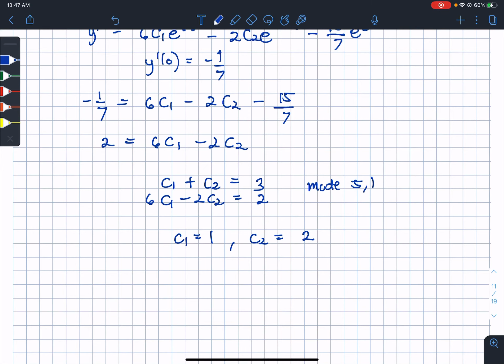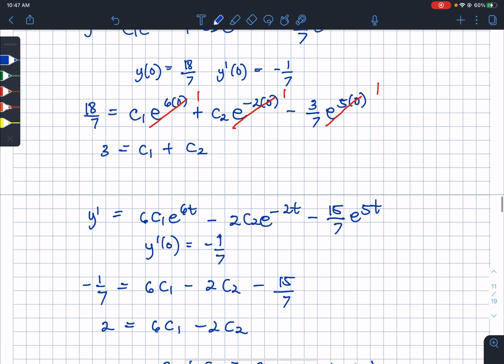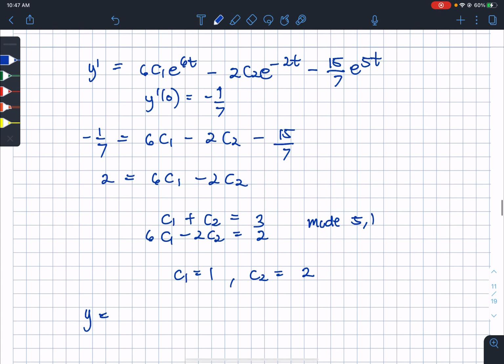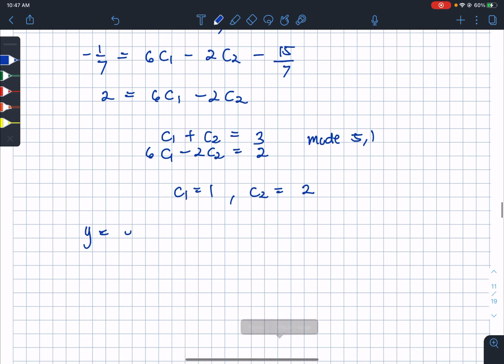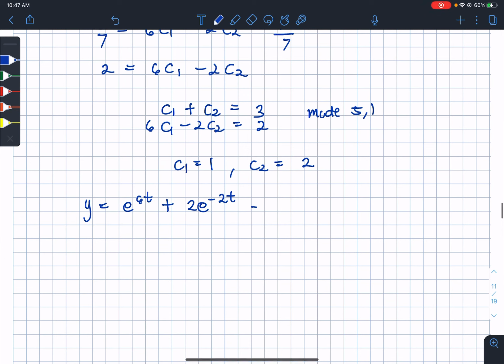Okay. So our y then, we have c1 e raised to 6t, plus 2 e raised to negative 2t, and then of course minus 3 over 7 e raised to 5t. Okay, so that is correct.